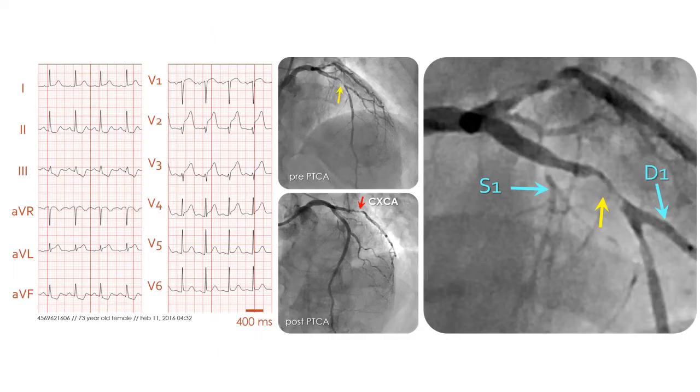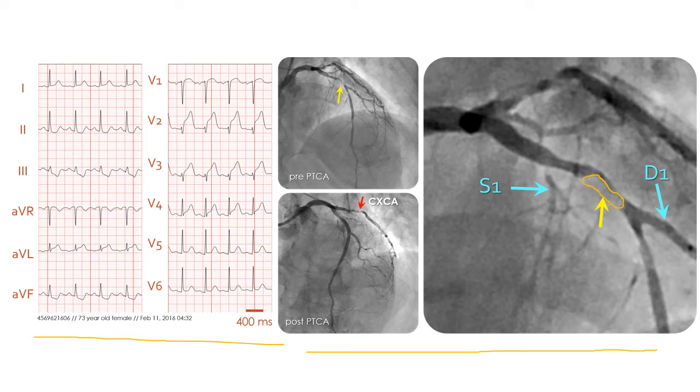Here we show the electrocardiogram of our patient plus the left coronary arteriography. The yellow arrow signals the location of the thrombus in the left anterior descending coronary artery.